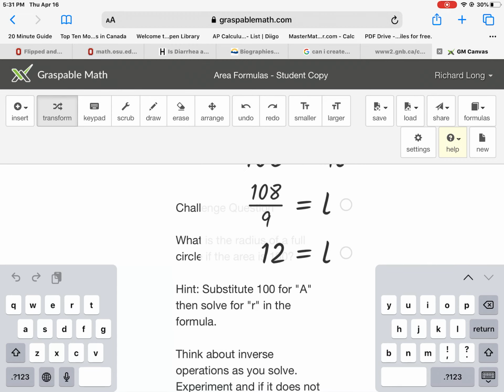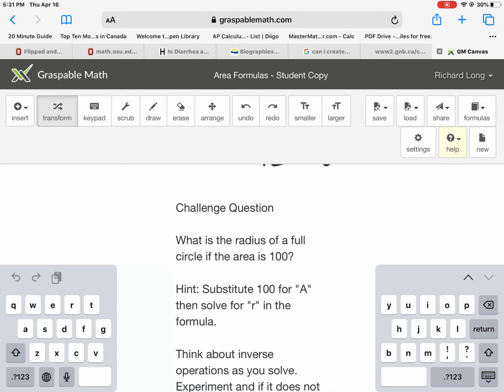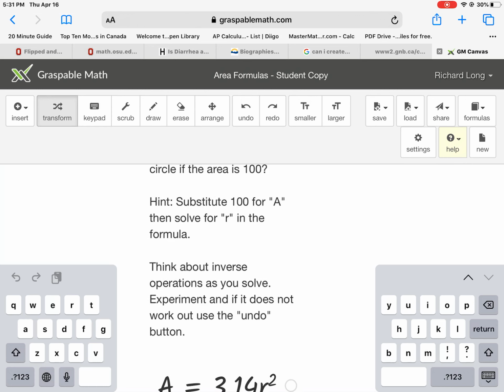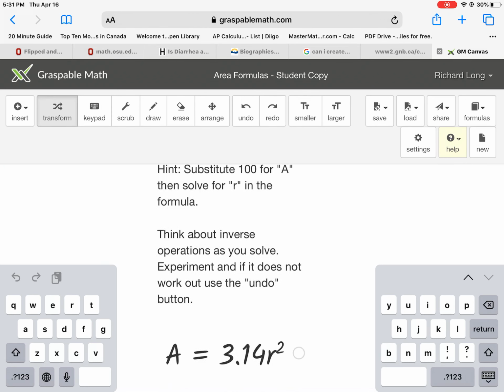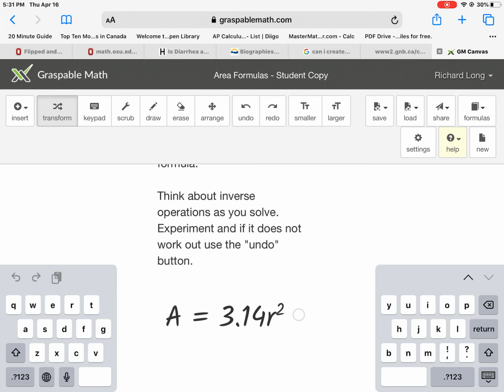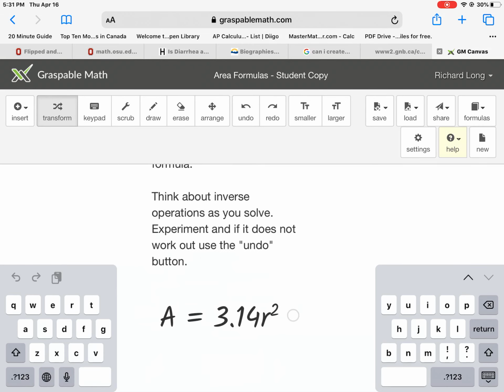All right, this last question, and I'll just move that up. So the challenge question, it's quite a tough one. What it says is that the area is 100 for a circle. Then we have to figure out what R is. So I need to replace that A with 100. If I double tap it, can I change anything?